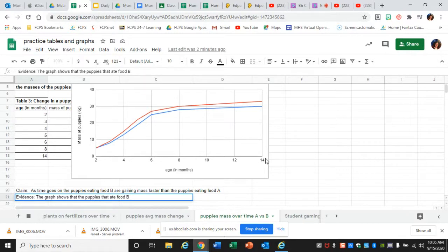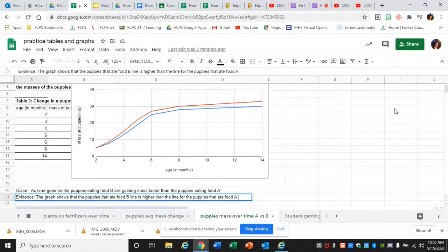Look over here at 14 months, that line is higher than the line for the puppies that ate food A. Okay, so that is a qualitative description of the lines, which is fine. You can say the slope here is higher than it is there. That's fine. You also want to be quantitative in your evidence.